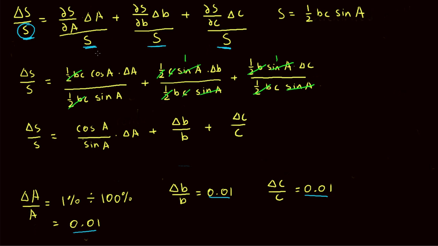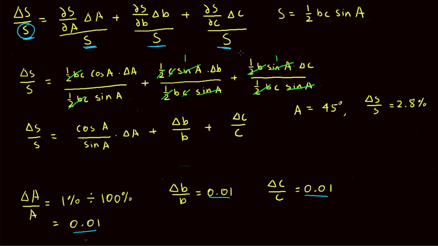One thing to remember from the question is our angle A. They said that if angle A is 45 degrees, the delta S over S, the percentage error, should be 2.8%. It should not be more than that.